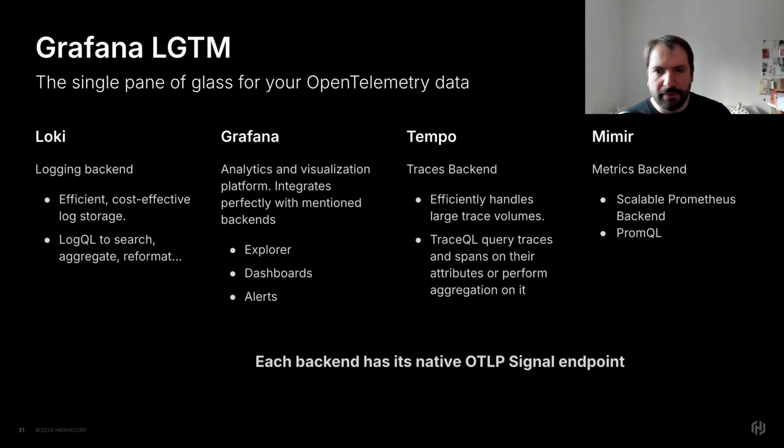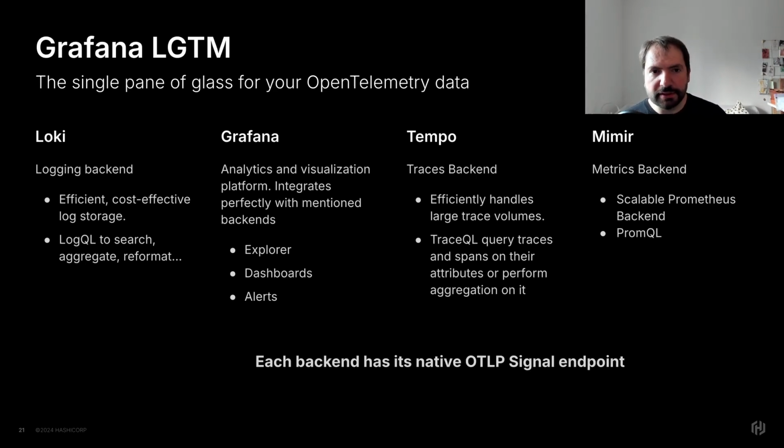Those backends are easily scalable. We started small and made them bigger from time to time. They all work well with the common object stores that are out there. This means for us we use an S3 backend to store all our telemetry data.